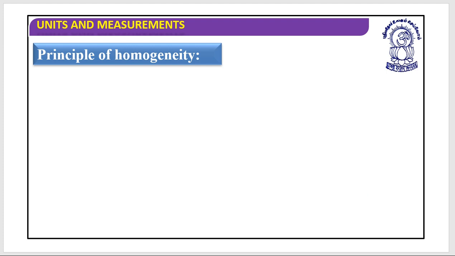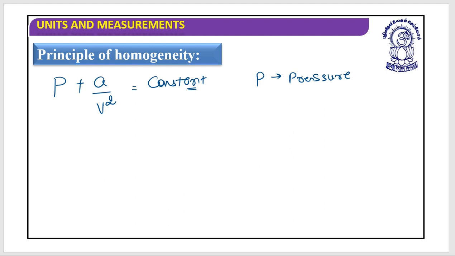Suppose I have been told that P plus a by V square is equal to a constant. I know that P is the pressure and V is the volume.